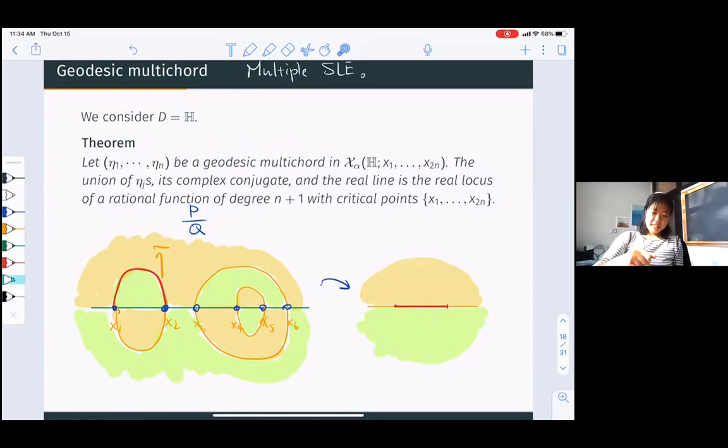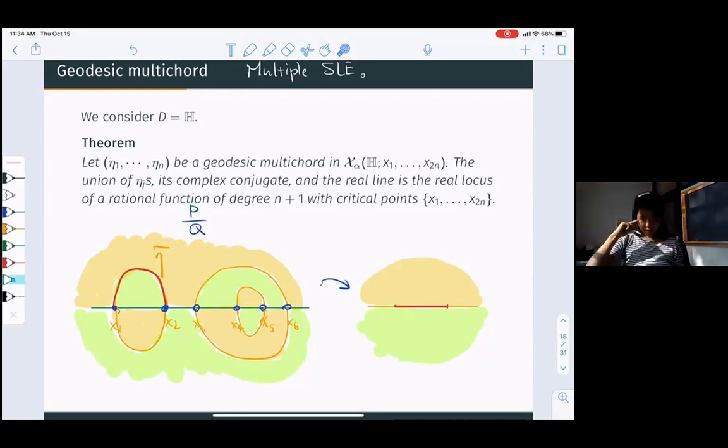What to do is to take one face and take any conformal map sending this to the upper half plane. Now this chord will be mapped to somewhere on the real line. I view this on the Riemann sphere, so it doesn't matter if it's infinity. This chord is mapped to this part.